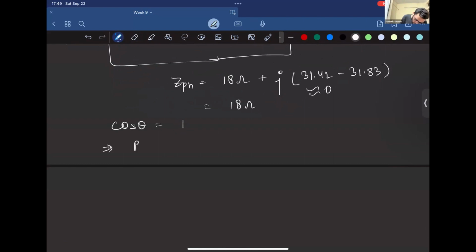So the power in three phase, what would it be? It would be 3 times the voltage squared divided by the resistance. If we calculate it, it comes out to be 8816.67 watts, which is equal to 8.81 kilowatt.